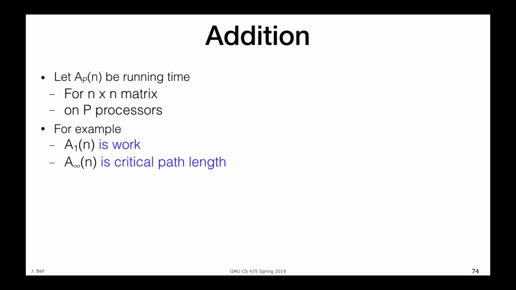We'll define this function A of P to be the running time for adding 2 n by n matrices in our processor model. Two special cases of interest are, again, one processor or infinite processors. The time it takes to run on a single processor is our work. The time it takes to run on an infinite number of processors is our critical path length.